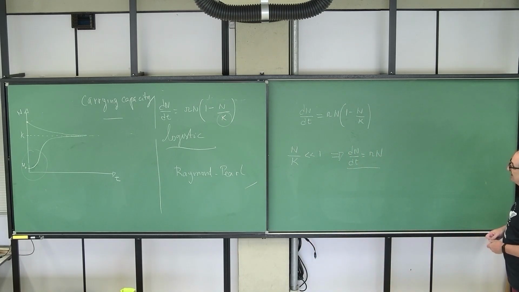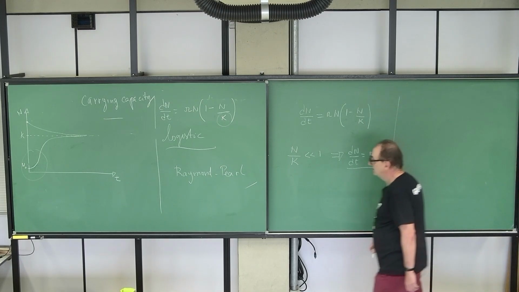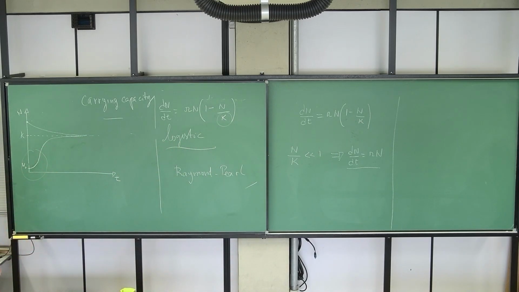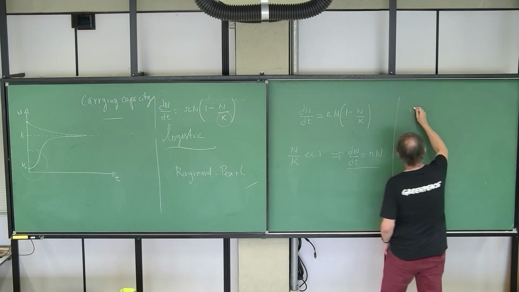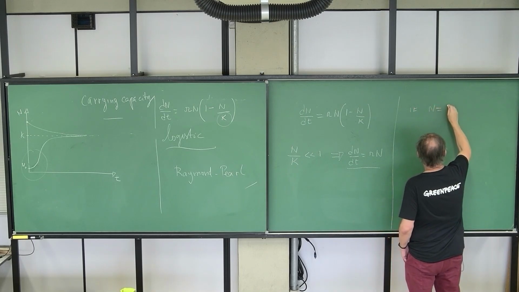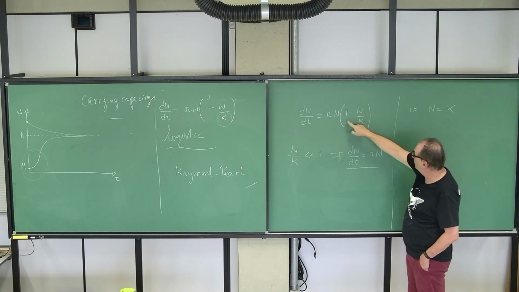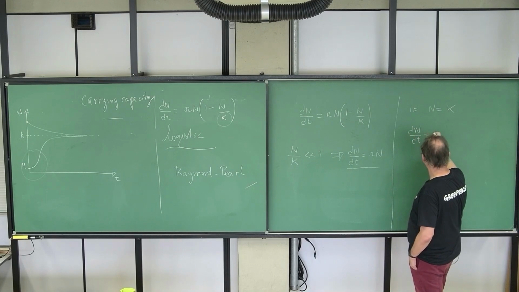Another thing that can be derived easily here is, say I have a population which is exactly equal to K, the carrying capacity. If N is equal to K, N over K is 1, 1 minus 1 is 0, and dN/dt is 0.